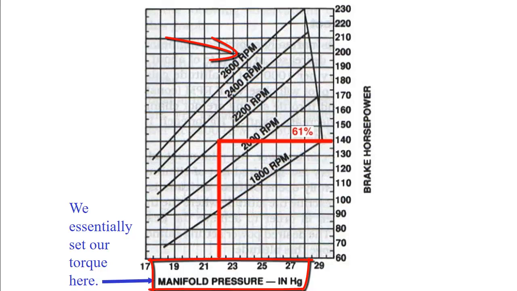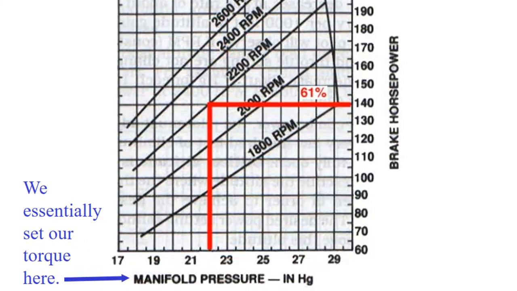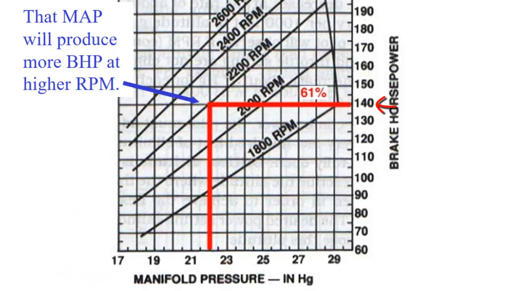So if we set our torque here, in the example I'm giving here, 22 inches of manifold pressure, and we set the propeller control to govern the engine at 2200 RPM, then we're going to get 61% power, which is 140 brake horsepower. We can get more horsepower by changing just the RPM.